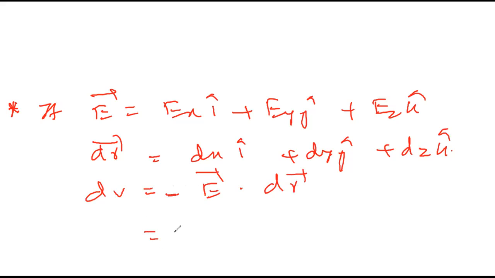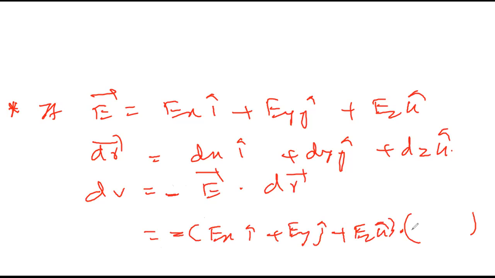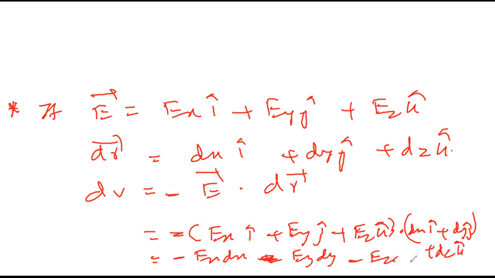That will become minus of Ex i cap plus Ey j cap plus Ez k cap, its dot with dx i cap plus dy j cap plus dz k cap. So this will become minus Ex dx minus Ey dy minus Ez dz by dot product.